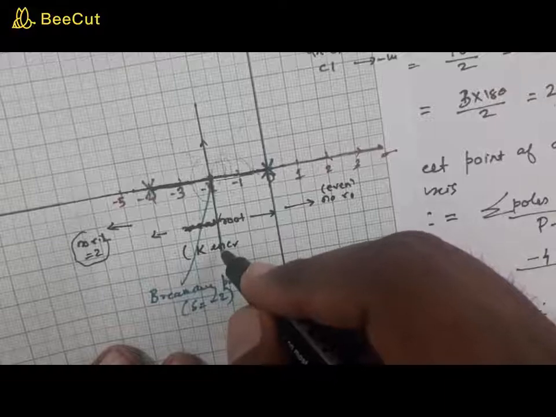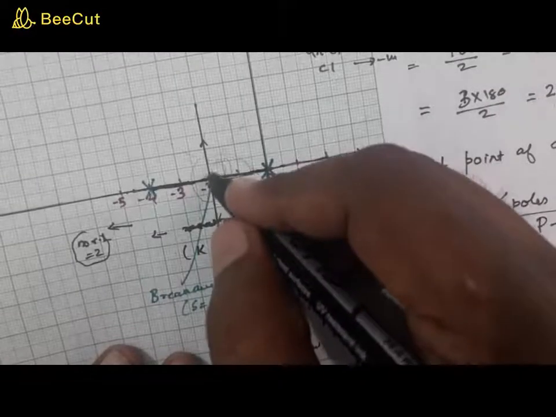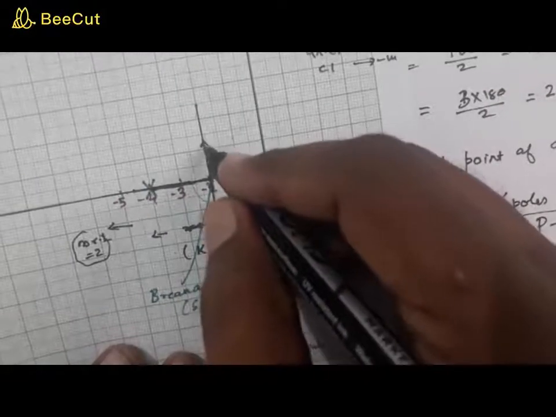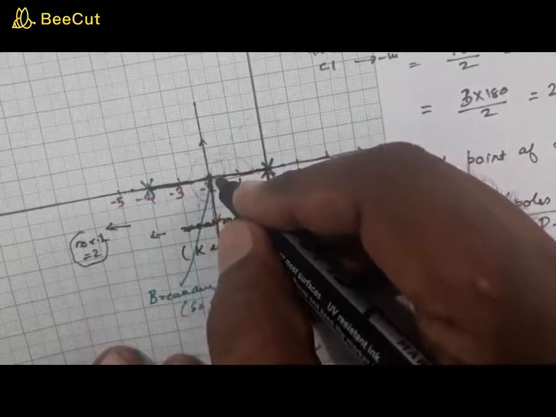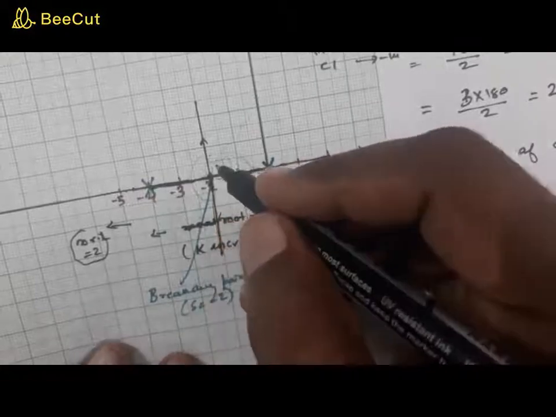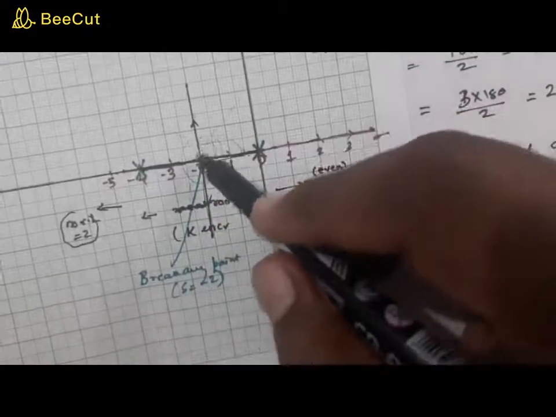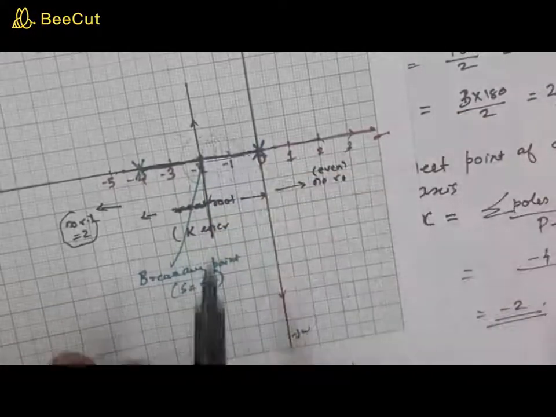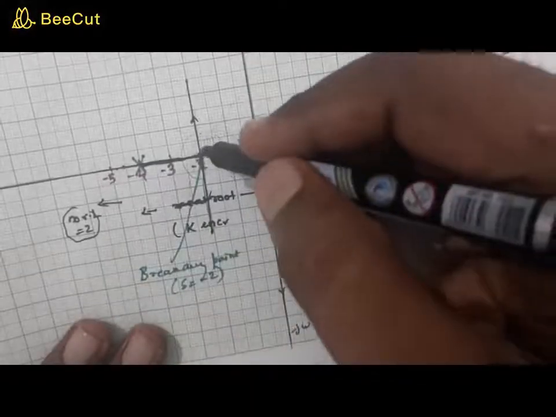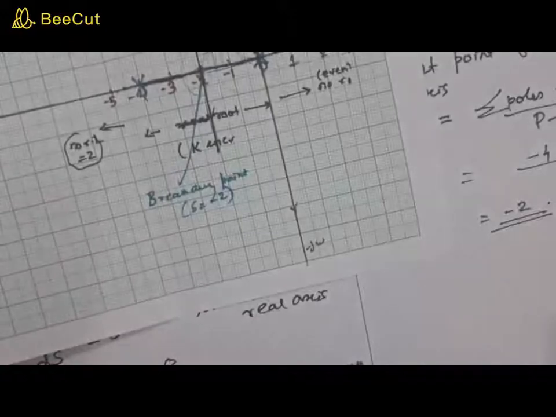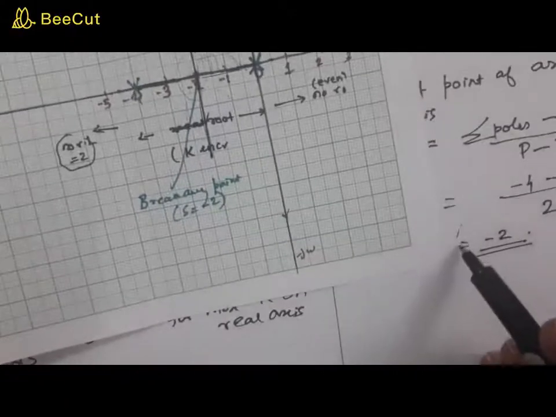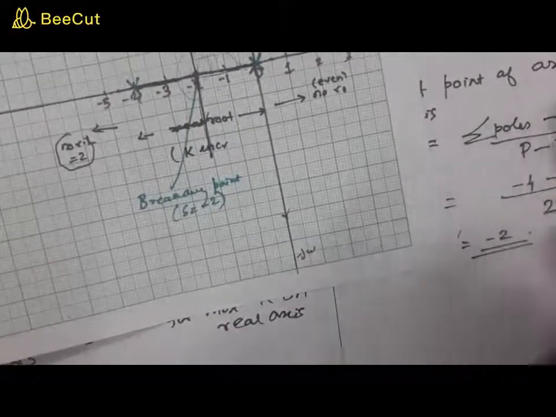Okay, hope you understood. This follows exactly the line of this asymptote because this is exactly 90 degrees. In the next problems we will see different cases than this. For the meantime, just understand why you are following the same direction as the asymptote: the breakaway point happens to be the same as the intersection point of the asymptotes.